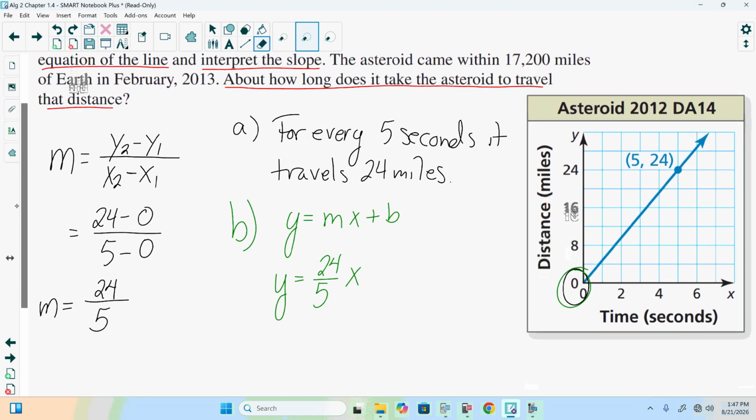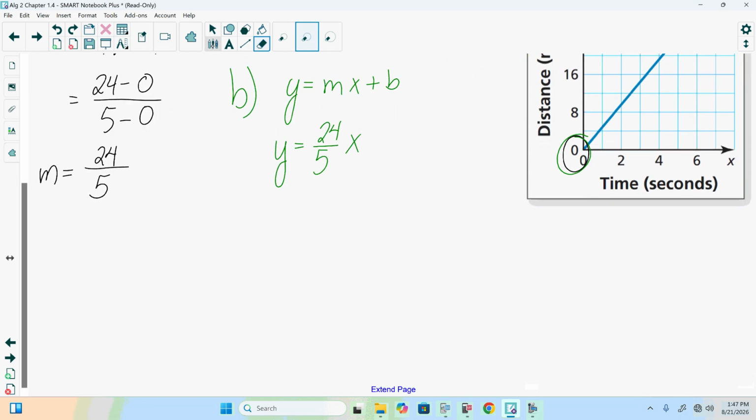How long does it take the asteroid to travel that distance? So we need to use the equation to figure out how long it takes the asteroid to travel 17,200 miles. 17,200, are we going to plug it in for x or in for y? Why? Because that is our distance.